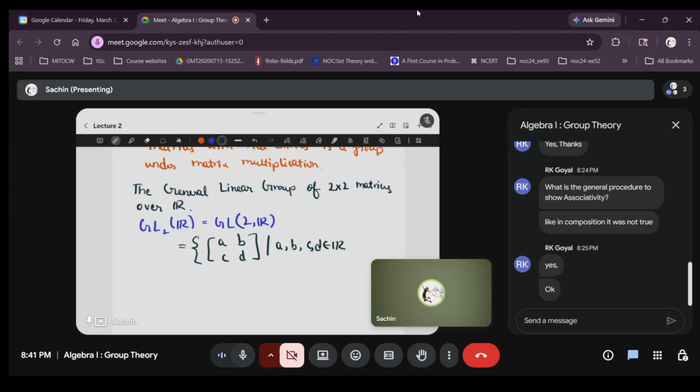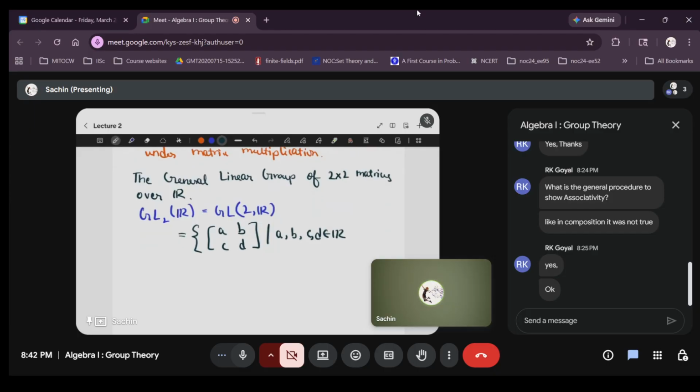A 2 by 2 matrix is invertible if the determinant is not zero, right? In this case, the determinant is simply AD minus BC. So the condition would be AD minus BC is not equal to 0.